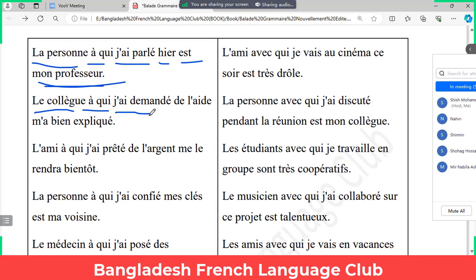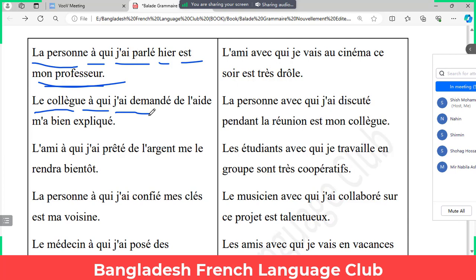It means the colleague to whom I asked for help explained it to me very well. Demandé means asking, asked for, asking for help.